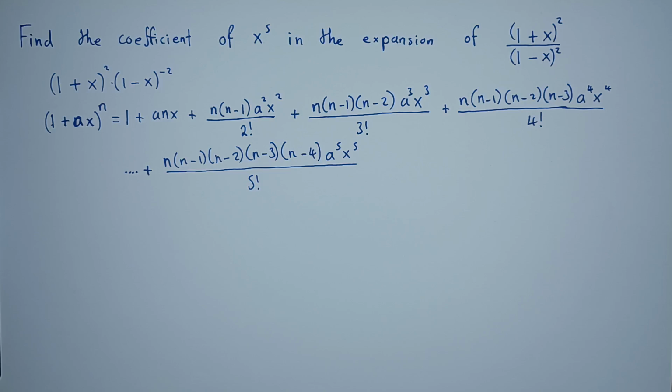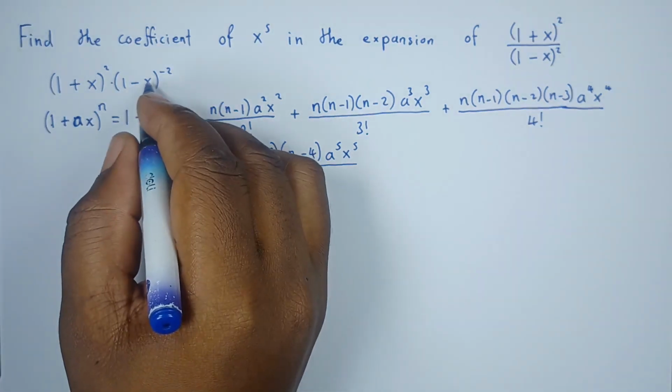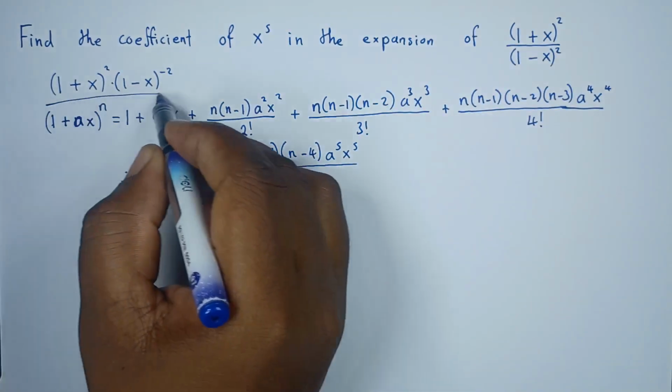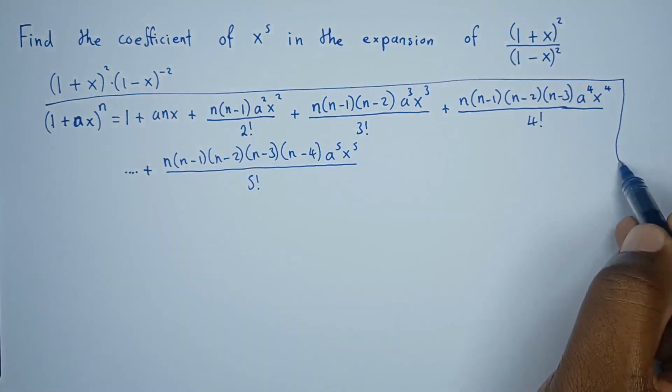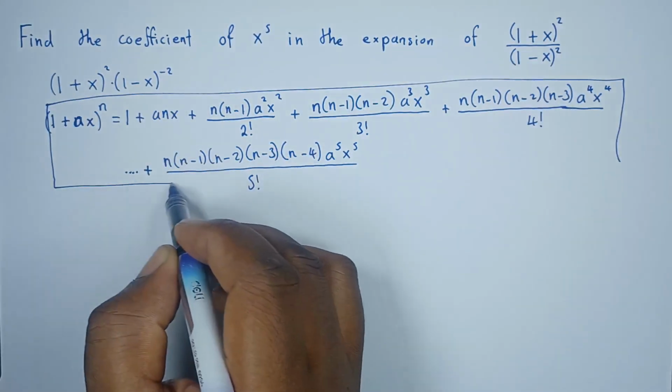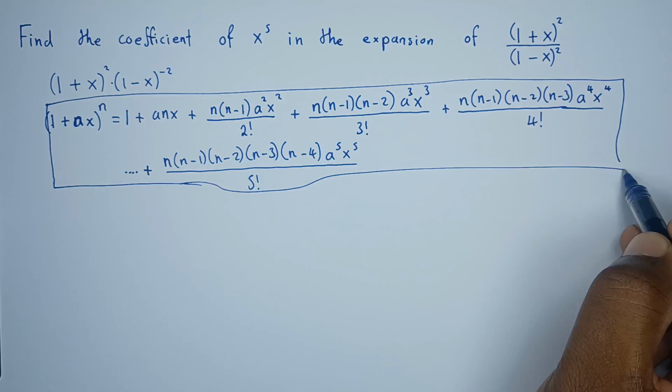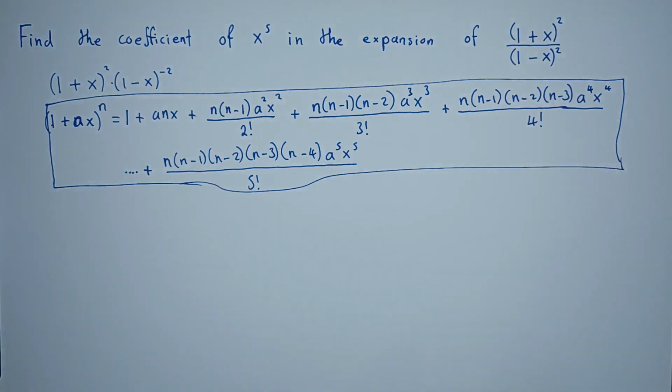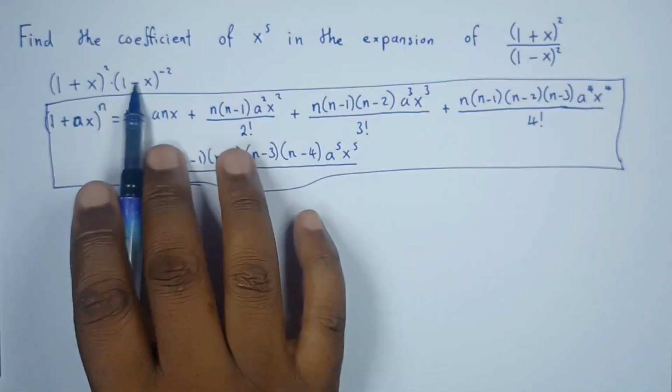Everywhere where there's a, let's replace with -1. Let's see how it goes. Please note that this is just the formula that we're using to find these particular expansions. But now let's use it to find the expansions for these two.